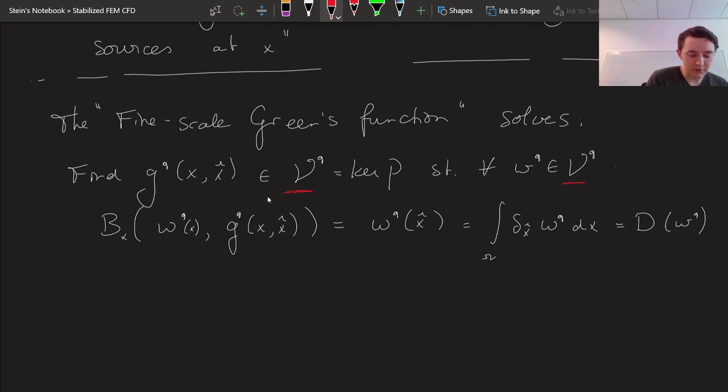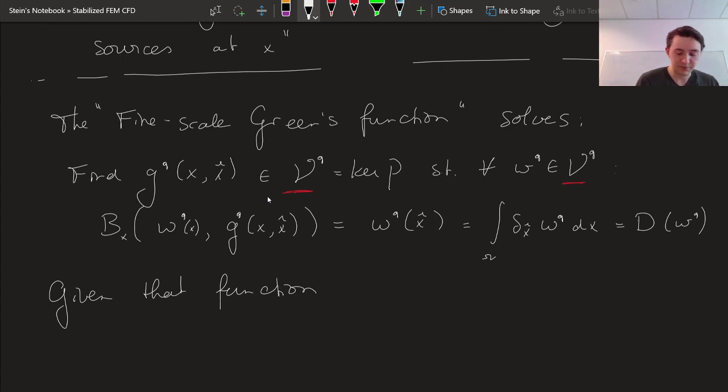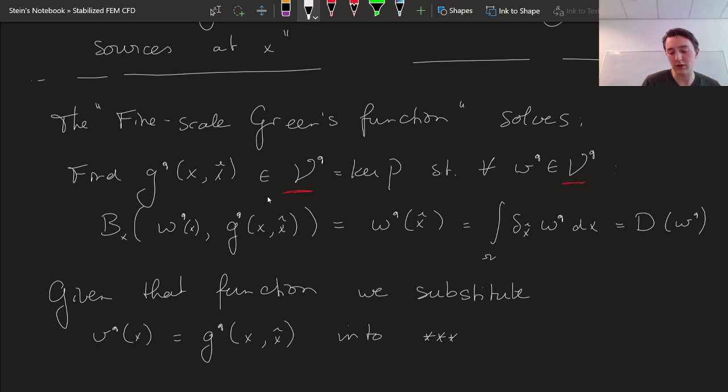So given that function, we substitute v prime as a function of x equal to g prime as a function of x and x hat into this equation 3, our fine scale problem, to obtain.